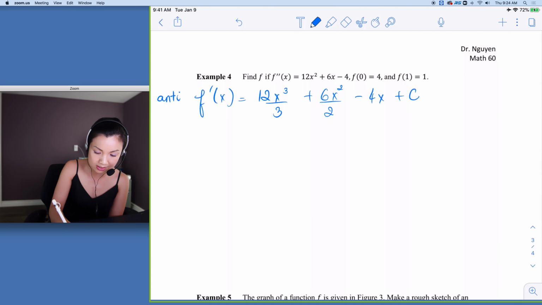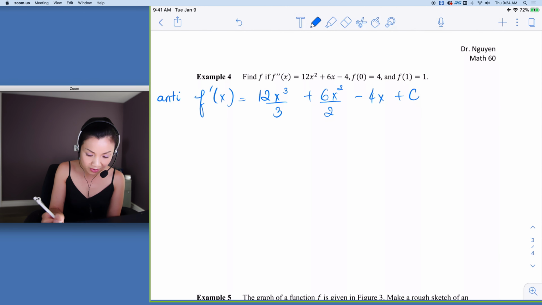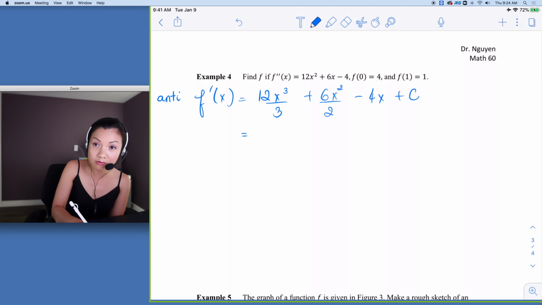And don't forget the c. All right, I'm going to simplify it. So I get 4x cubed plus 3x squared minus 4x plus c.